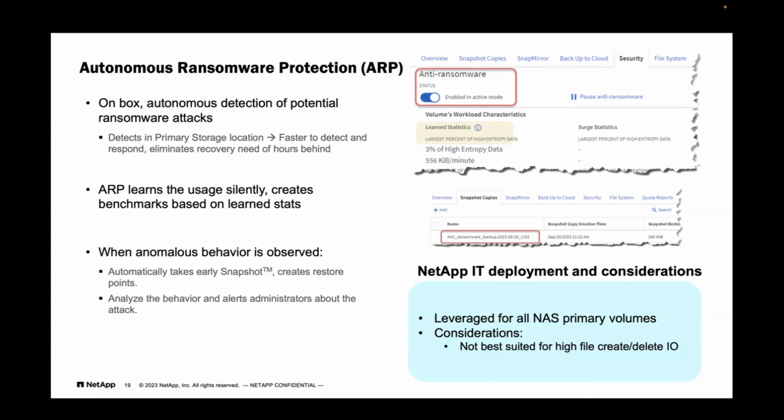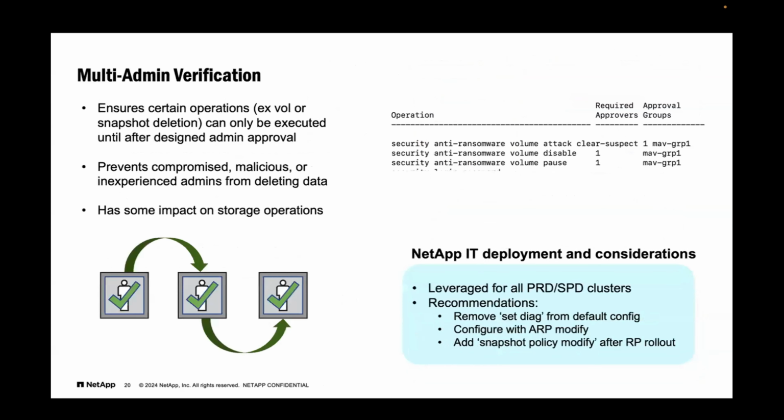So that's why I say with tamper-proof snapshots be extra careful, whereas with ARP or Cloud Insights workload security, there is a workaround to release the snapshots. Got it, thank you. That's something you'd want to call out, I imagine, which you'll talk about in a minute.